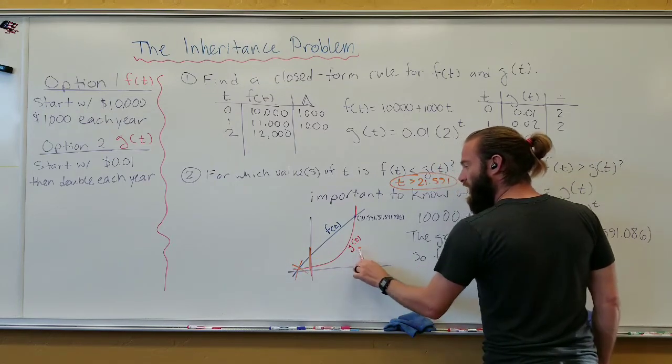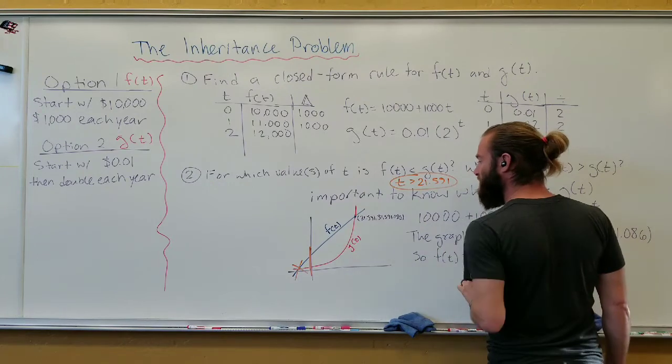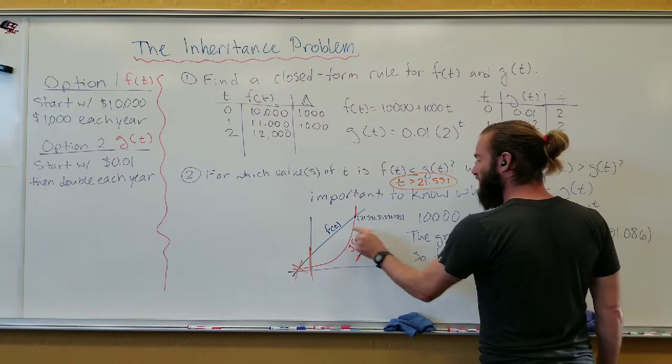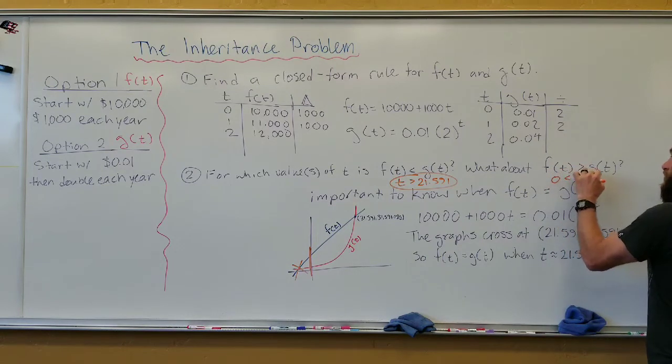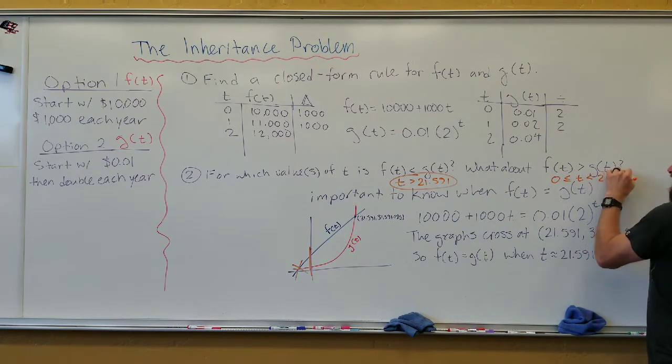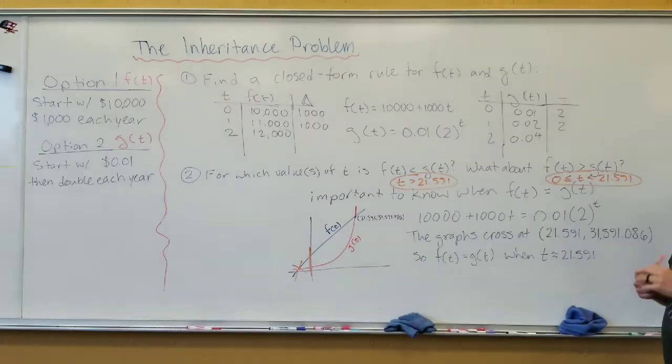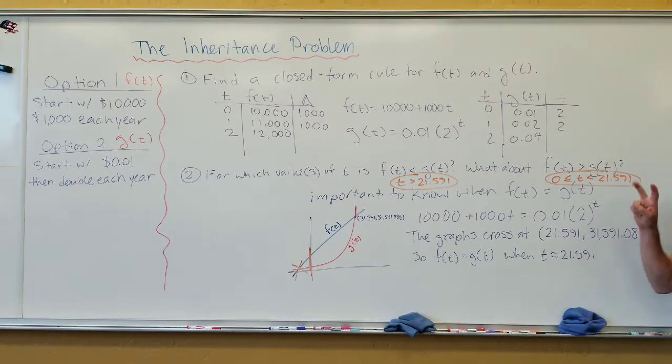From 0 until there is when g of t is less, or when f of t is bigger. So we're going to say t is between 0, or equal to 0, actually, and 21.591, okay?